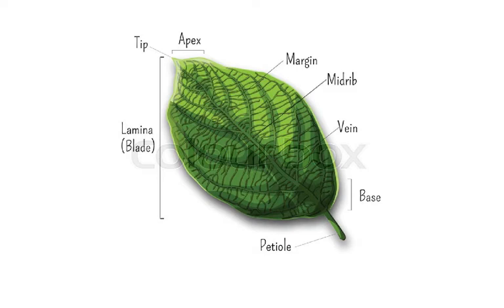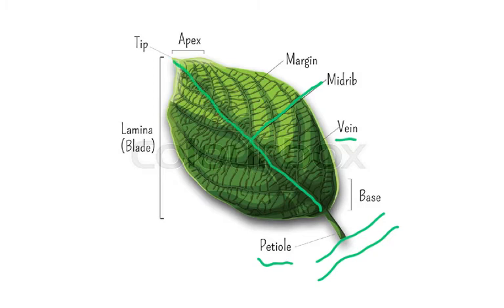Then we look at the parts of a leaf. The petiole is the stem which attaches it to the main stem, and then this is the base, and these are the veins in it. This one here is the midrib, which is the main central vessel.